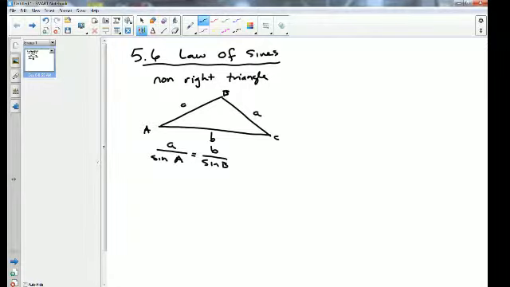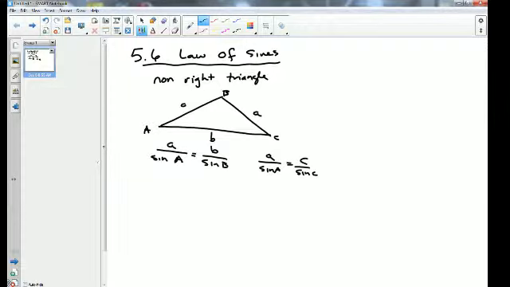So if I have any three pieces of that information, I can solve for the other one, right? And you can set any two of them equal to each other like this. So I could also do A over sine A equals C over sine C. Is that an isosceles triangle?